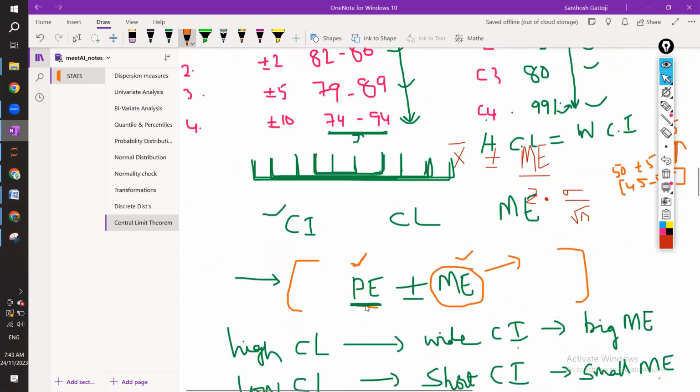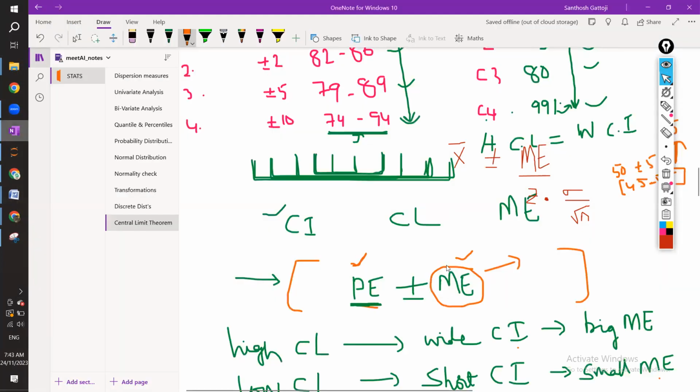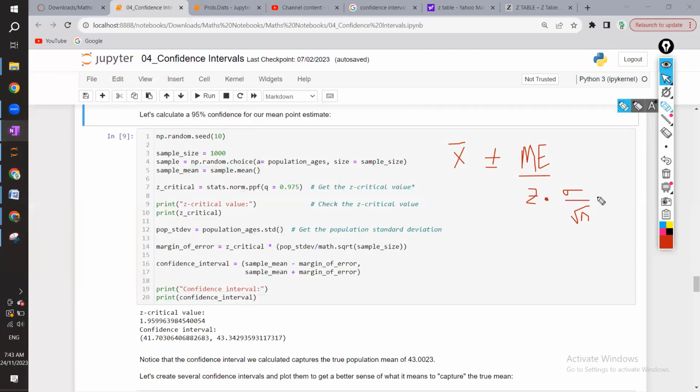Our point estimate is x bar plus or minus margin of error. The fundamental formula will not change: x bar plus or minus Z at alpha by 2 into rho by square root of n. Different ways of calling it. Okay, fine. Now this is my margin of error.